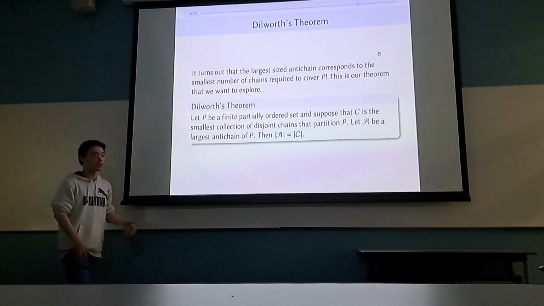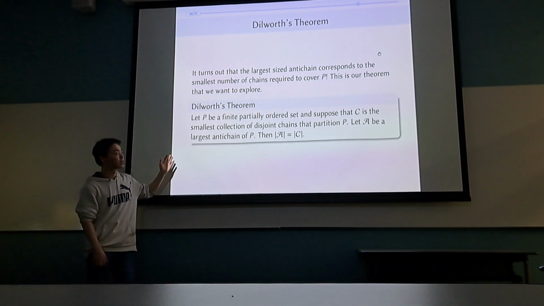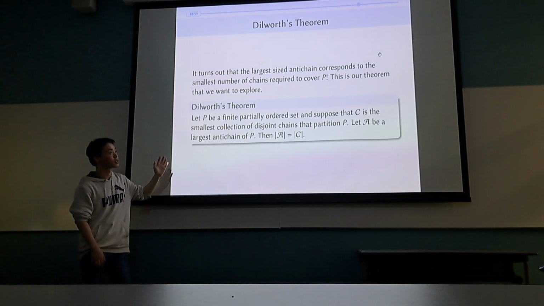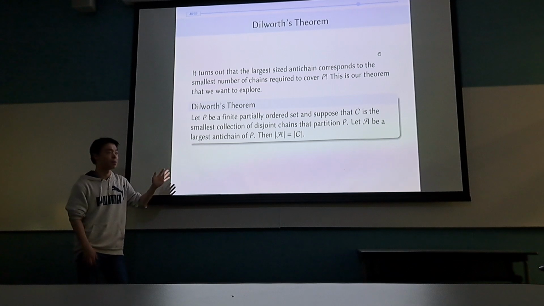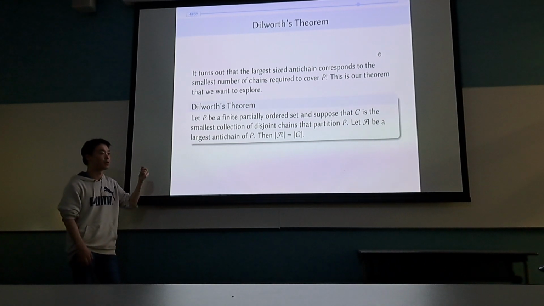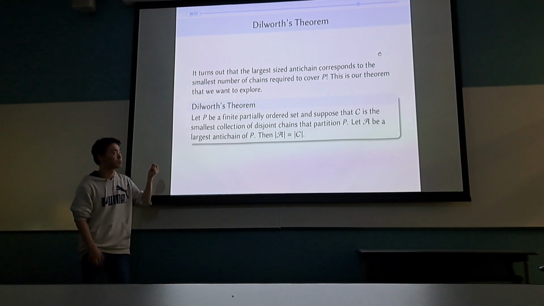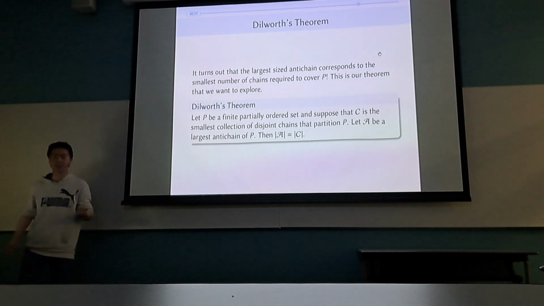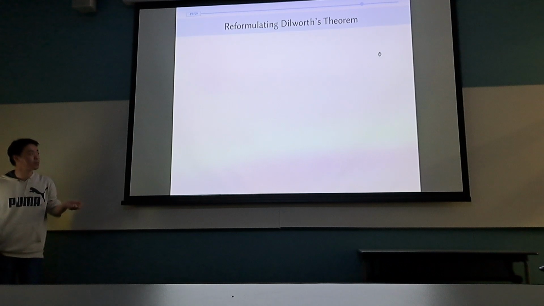Turns out the dual is also true. So if you take the largest chain of my partially ordered set, that corresponds to the smallest number of anti-chains along my partially ordered set. And that's exactly Mirsky's theorem.